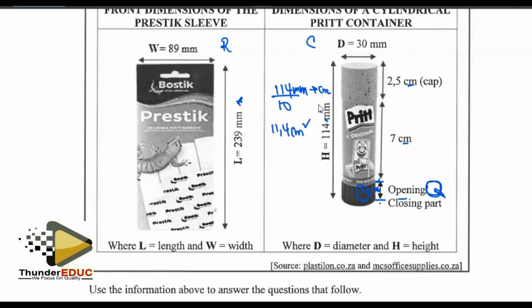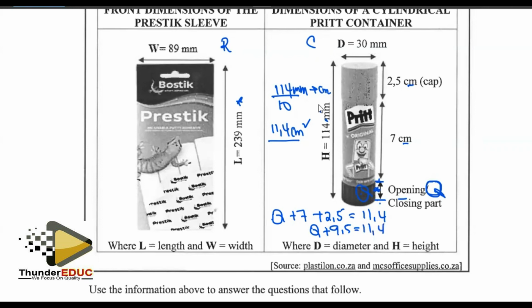I've changed this, but it's not the end. So we are saying when I get my unknown number plus my 7 plus my 2,5, they should give me 11,4. All right. So when I add this, I end up having my Q plus 9,5 equals 11,4.